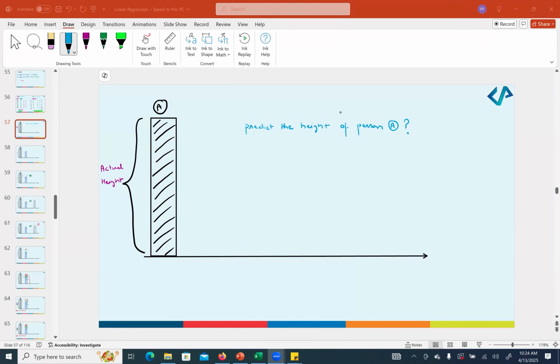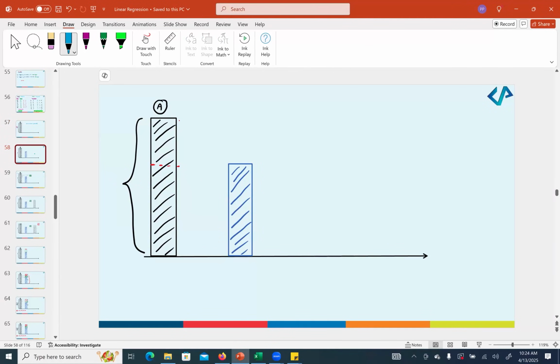So let's say this is the actual height. If nothing is given to me about that person, what I will do is predict the average height as the height of that person. So the person's height was this much, but my prediction was this much. This is my predicted value.